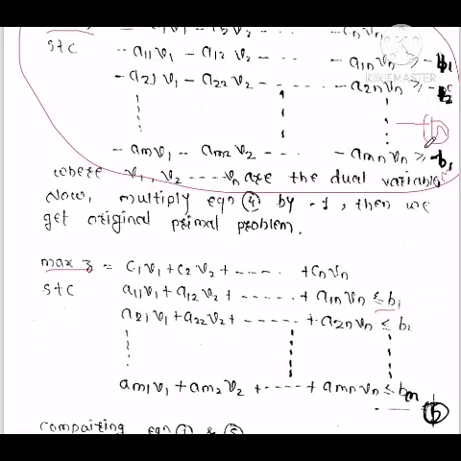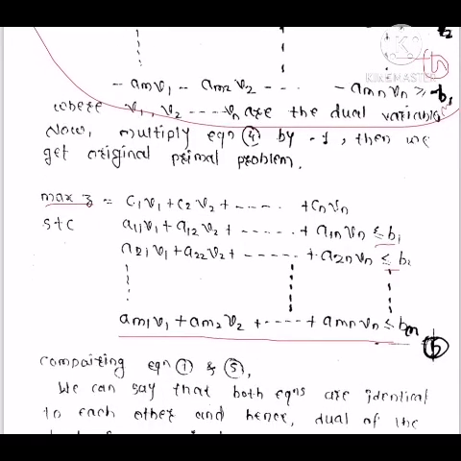The second term will become positive with sign less than or equal to B2, and in this way the last term we can write as Am1 V1 plus Am2 V2 plus and so on plus Amn Vn less than or equal to Bm. So this is equation number 5.